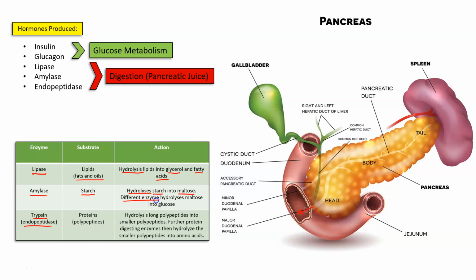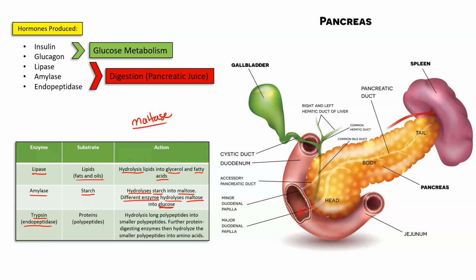It takes a different enzyme to break down maltose into individual glucose. The enzyme that does that is called maltase. Okay? Maltase is an enzyme that breaks down maltose.